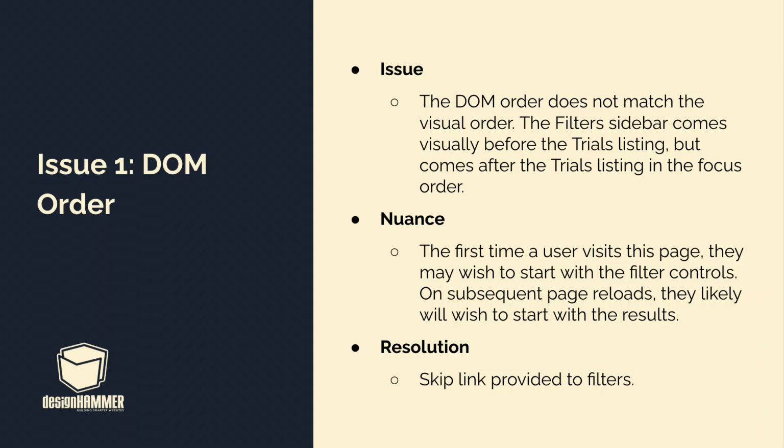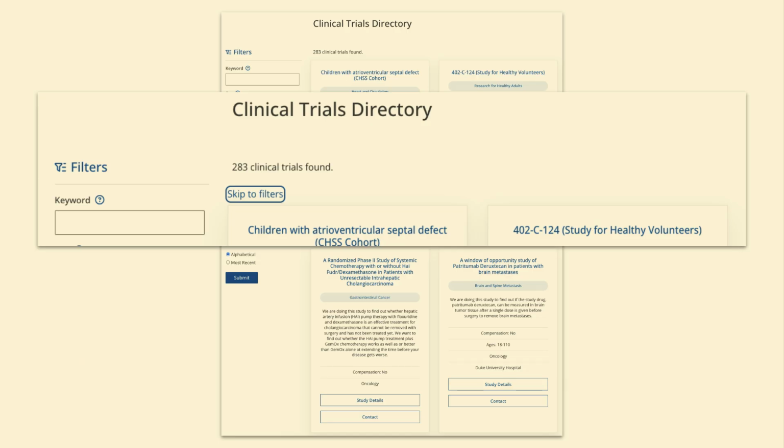So we basically added a skip link to the filters. Someone might think, oh, now I actually want to filter, so they can skip, or they can browse. So we provided that, and that's what someone who's not visually impaired can do natively, right? Because you can see both of those immediately. But this was a way where we had a little bit of tension with the standards as written versus what's actually usable.